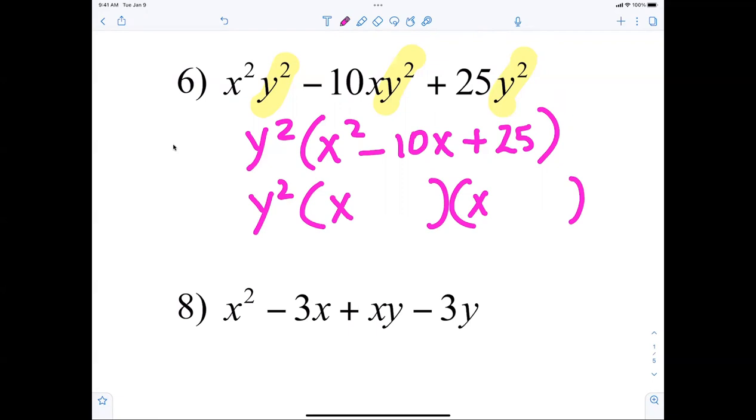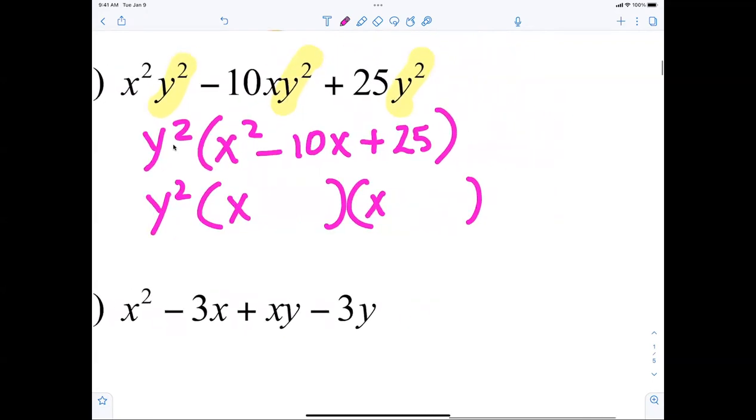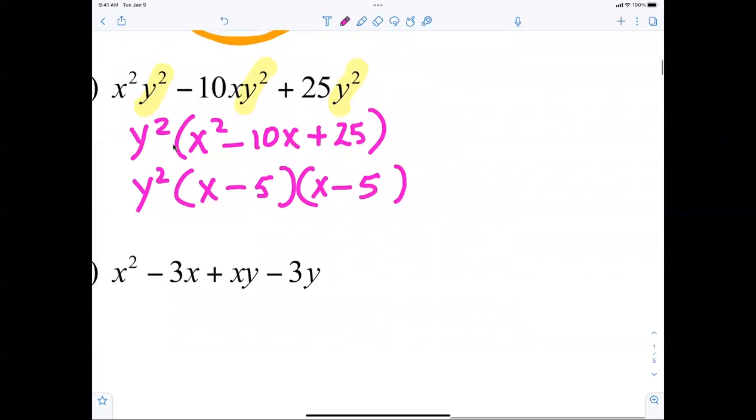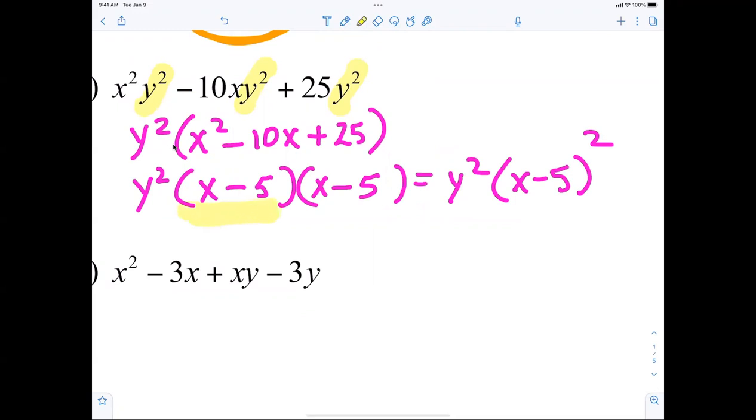All right, factors of 25 that make 10. 5 and what? 5. I need negative 10, so they're both negative. Now that's an answer. This is the best answer: y squared, parentheses, x minus 5 squared. That's the best answer. And why do we get that? Because these two are exactly the same factors.